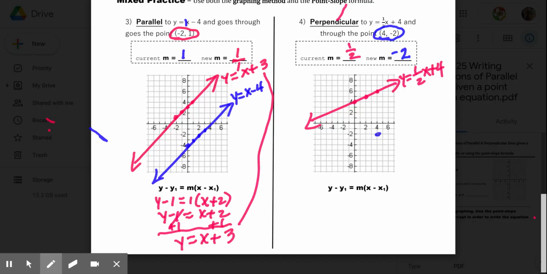And then here's the thing. If I go for my new slope, -2 over 1, down 2 right 1, I'm going away from my y-intercept. So I need to switch and go up 2 left 1, up 2 left 1, up 2 left 1, and up 2 left 1.